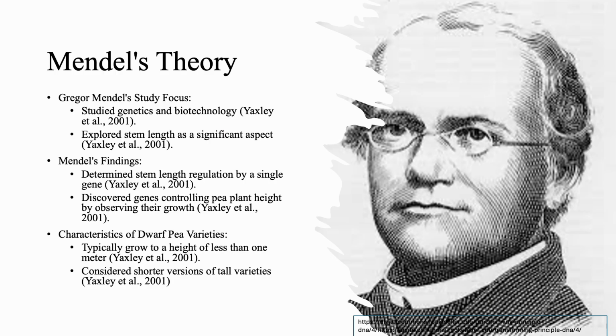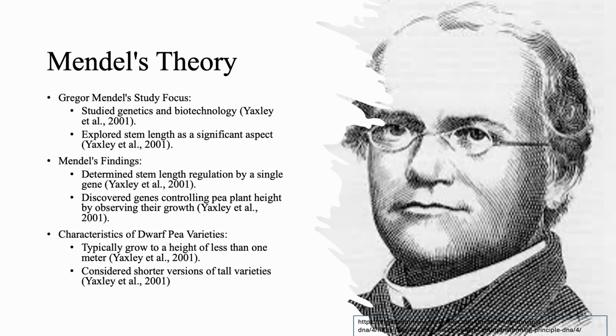Gregor Mendel, an Austrian botanist who studied genetics, performed several experiments related to pea plant growth and stem elongation. In one of his significant studies on stem length, he found that stem length is regulated by just a single gene.